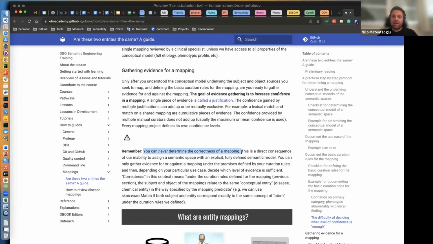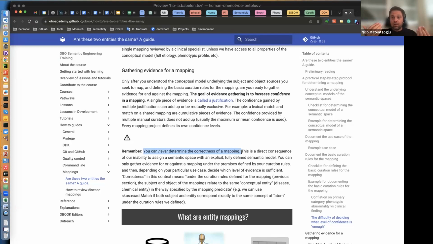This is basically due to the fact that the conceptual models that are being used are kind of murky. You will never exactly know what the one person means by this nocturnal urensis or whatever this was called, and the other person. So there is no way to determine the correctness.